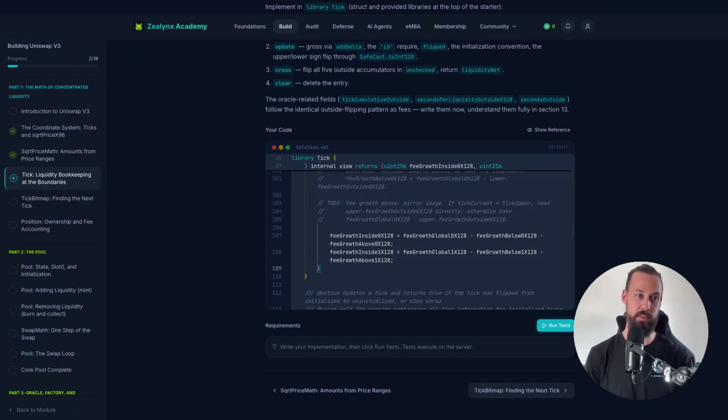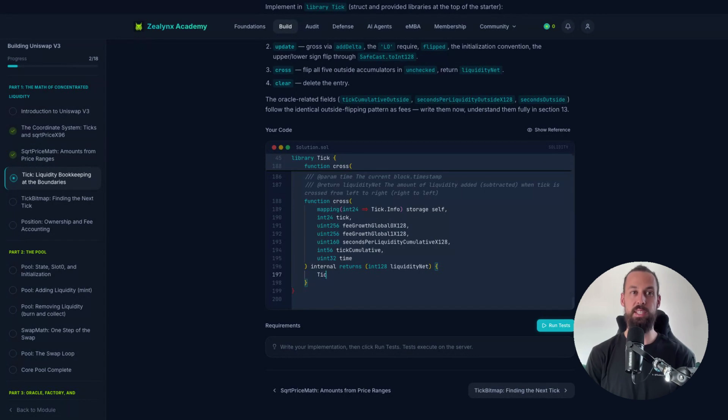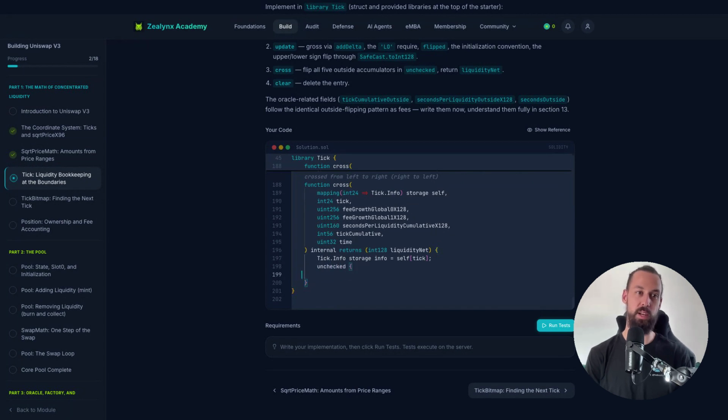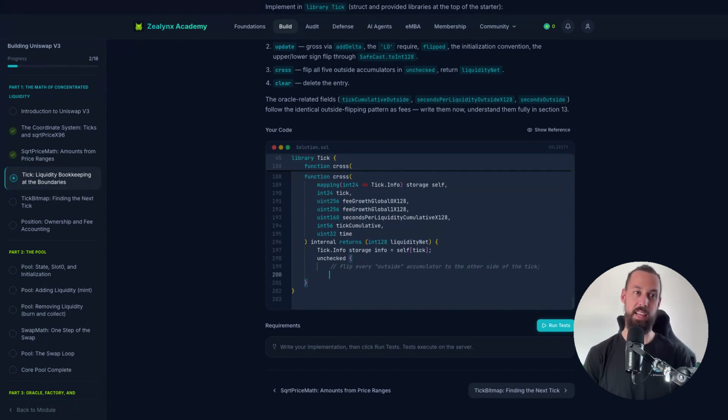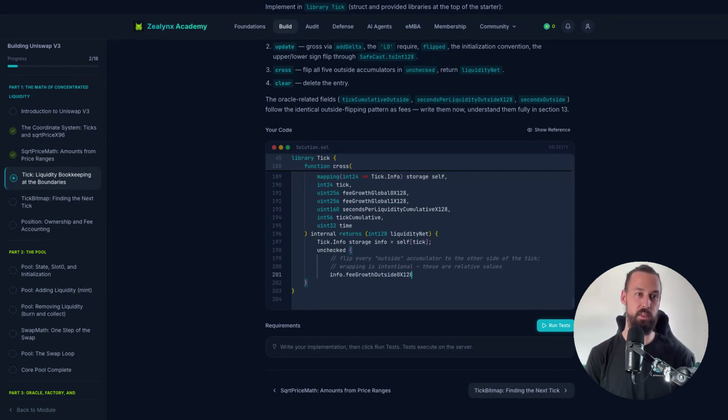2 subtractions. And now cross, which is the function that keeps all of it true. Every one of these accumulators gets the same treatment. Fee growth outside for both tokens, flipped. And then, the 3 oracle fields, the tick cumulative, the seconds per liquidity, and the seconds outside, flipped exactly the same way.